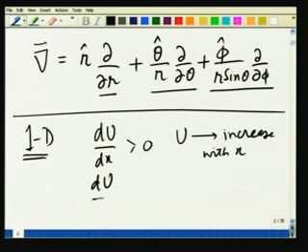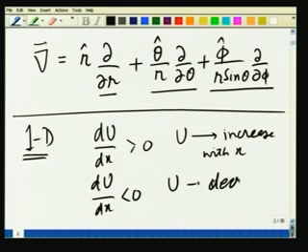If du/dx is less than 0, U decreases with x. What can we talk about in 3 dimensions? Does it increase in all the directions? How does the gradient tell you in which direction the function is changing, and so on.